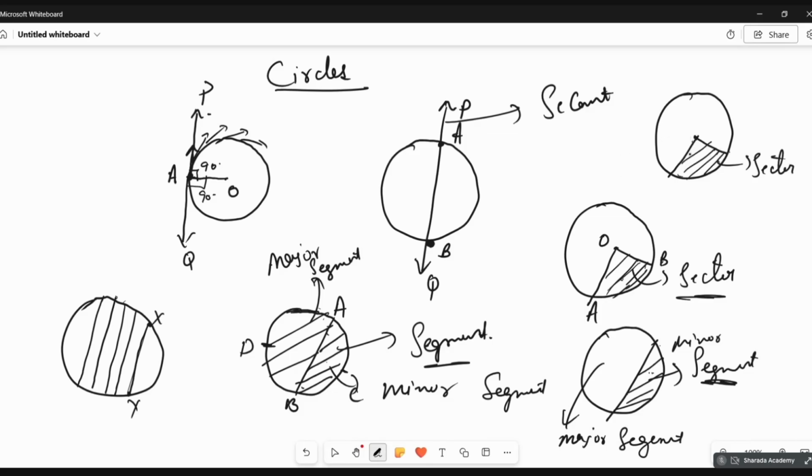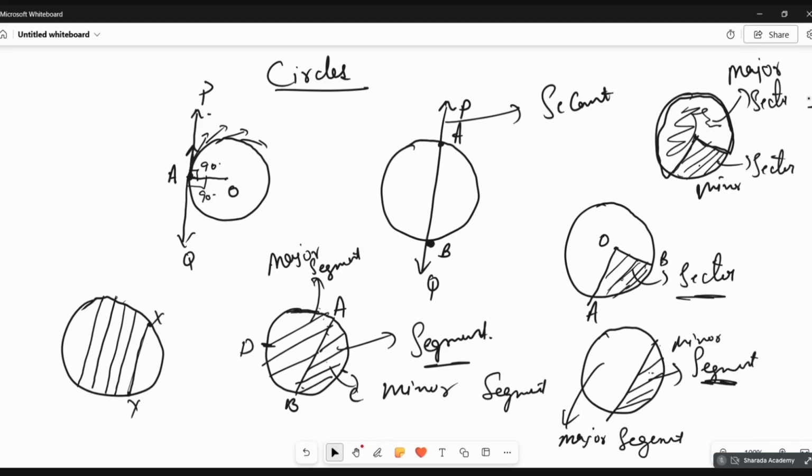This is the smaller portion of the circle, so it is the minor sector. And this is also between the two radii and this arc, so it is a major sector. This is about the introduction part.